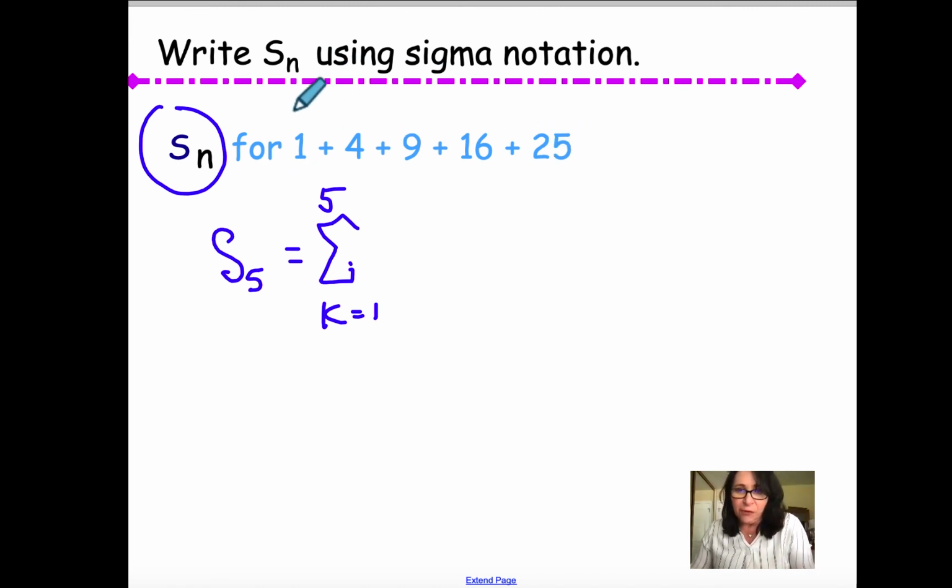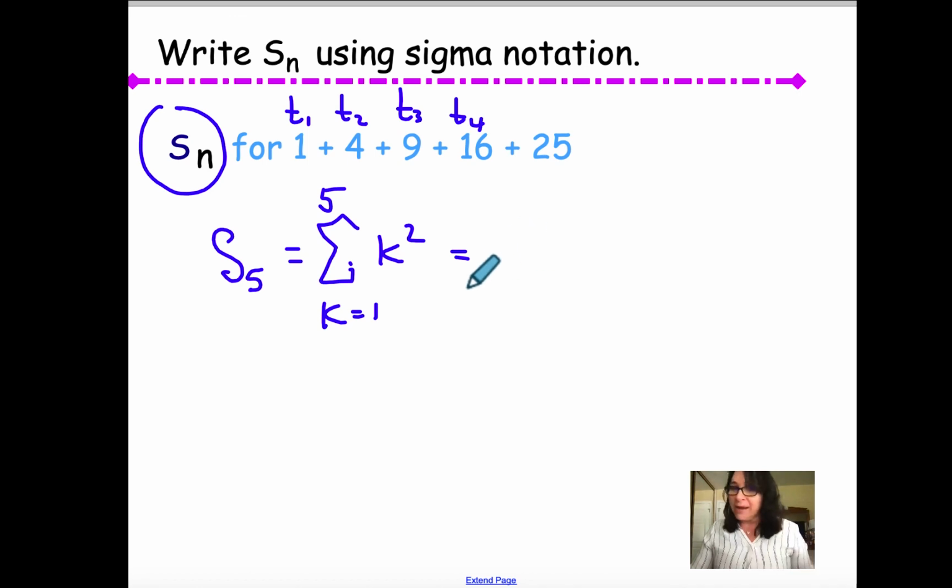It looks like I've got the first term is 1, the second term is 4, the third term is 9, the fourth term, etc. So seeing a pattern between the first term and 1 is not too obvious, but as I go through and I see a pattern between the second term and 4 and the third term and 9, it does look like I'm squaring each of these terms.